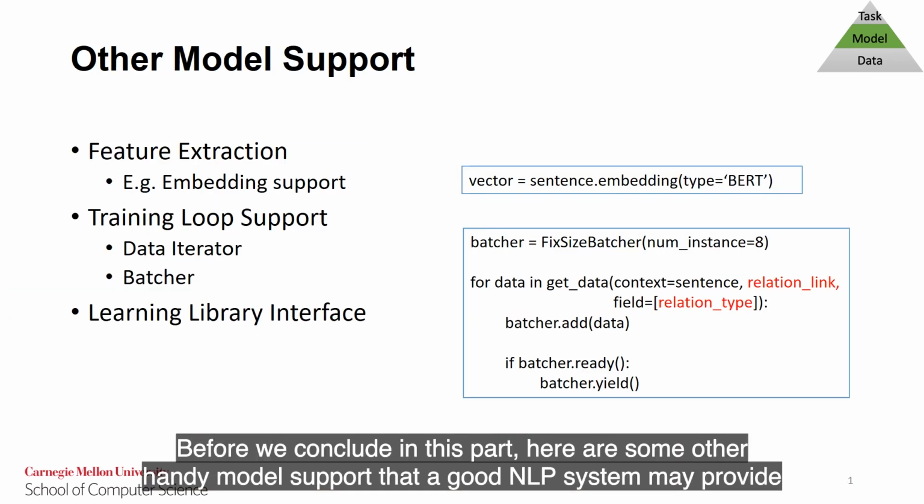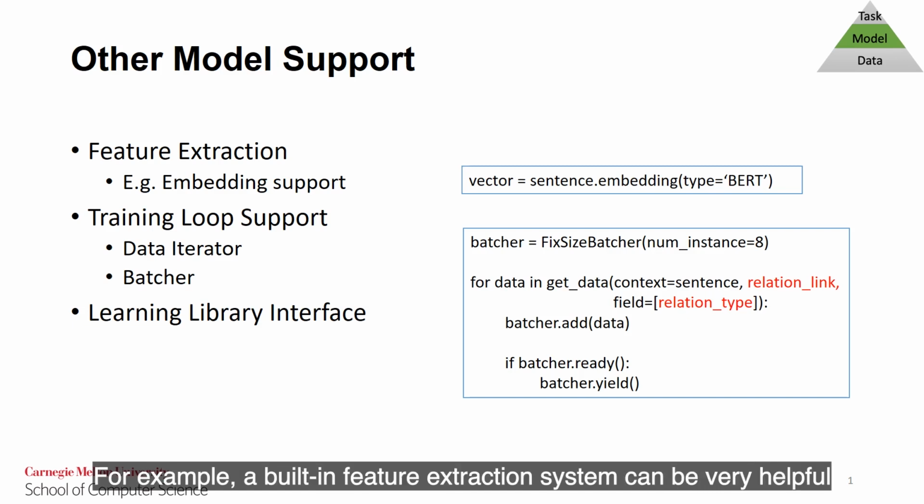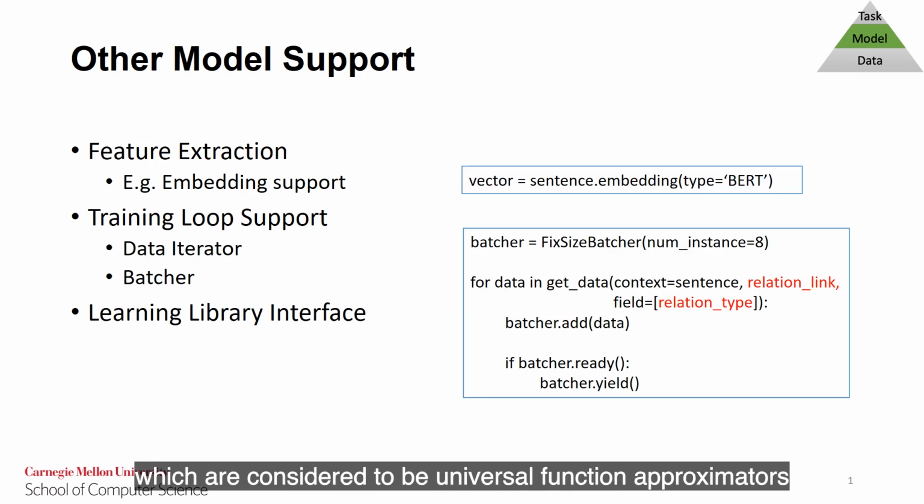Before concluding this part, here are some other handy model support that a good NLP system may provide. For example, a built-in feature extraction system can be very helpful. This is actually not difficult by using the deep neural networks, which are considered to be universal function approximators.